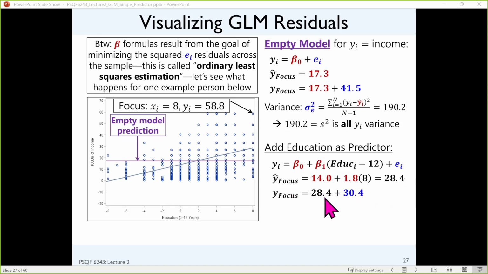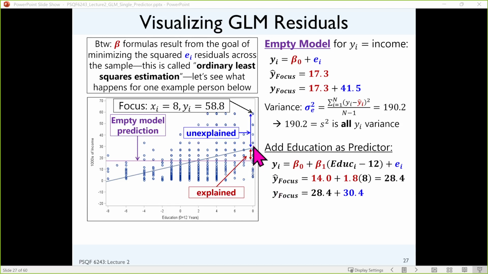Now that's closer to what they actually got, but we're not there yet. This person still makes more money by $30,000 than what this model predicts. So where this 28.4 is located is right here on this regression line.